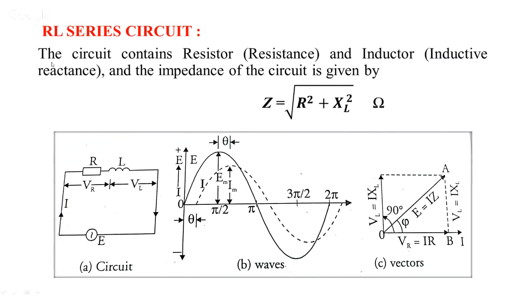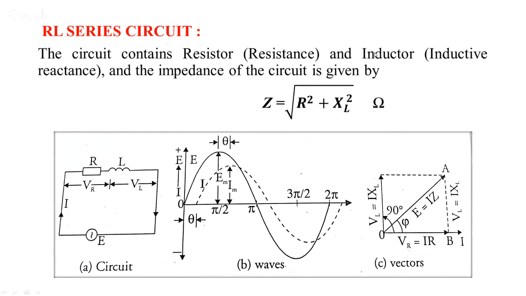Next, we'll see an RL series circuit. So the name indicates RL. That means in the circuit there is a resistance as well as an inductance which are connected in series.